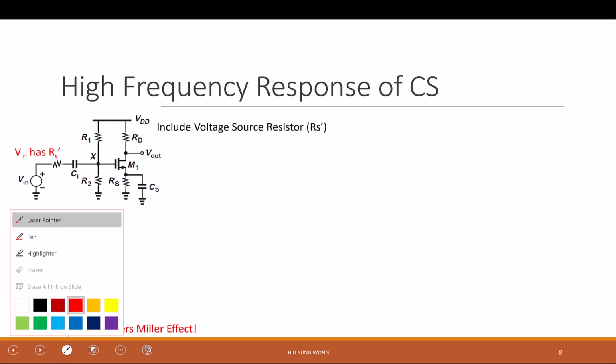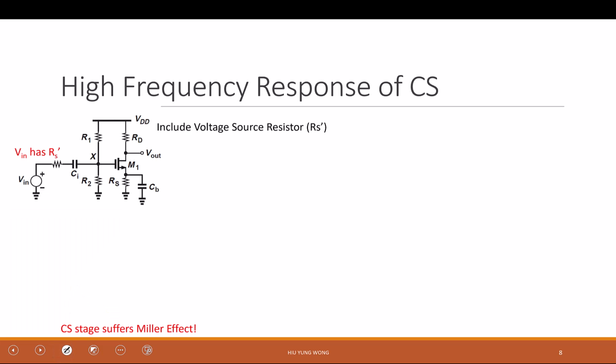So let's look at the circuit and see how we should deal with this. We are not going to draw the small signal from scratch, right? But we will still do some AC manipulation on this circuit and then add the small capacitors, because now we are very good at this already. So the first thing I will do is draw the circuit this way and see if you agree with me. From Vin, I ground it.